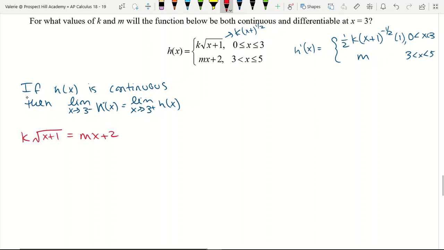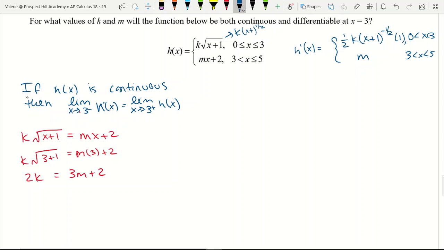So we're going to plug in 3 because we're looking for the limits at 3, right? So we'll plug in 3. We have k square root of 3 plus 1 equal to m times 3 plus 2. So we have 2k equals 3m plus 2. Okay, so that's as far as we can go there.